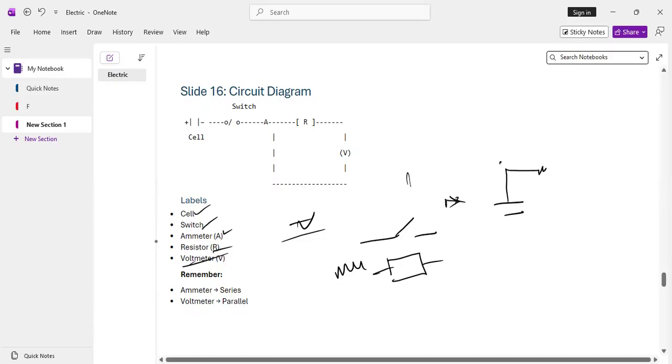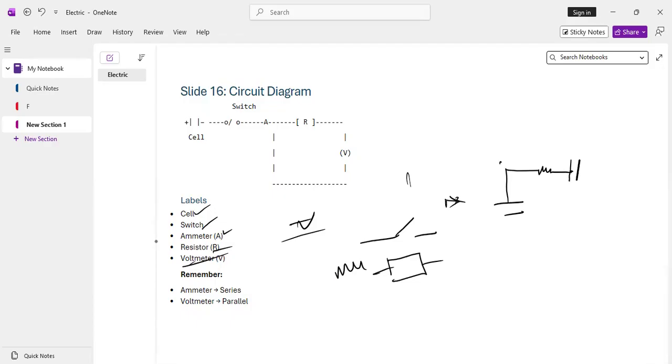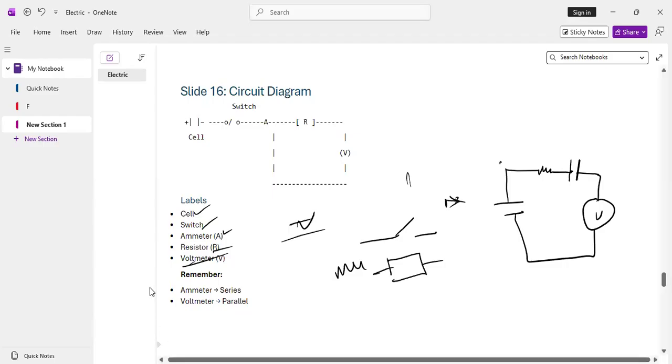So let's make a simple circuit with a resistor, a capacitor, and the voltage source. Can you see that the lines are equal? That's what we mean by capacitor.